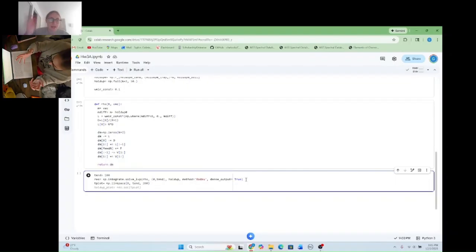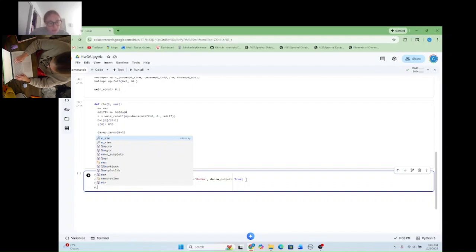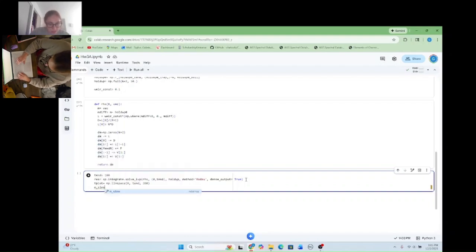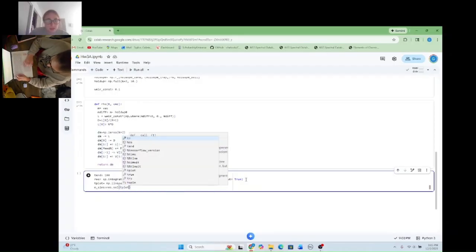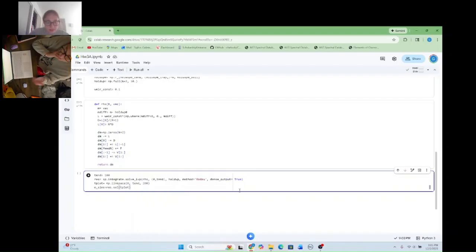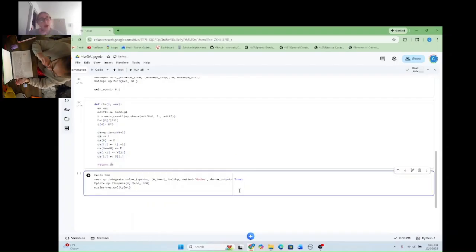Okay, and then after we have our t end, now we are going to be simulating our moles, just our moles for this molar holdup. So we want to do res.sol, and we're going to be solving it using our time plot. And then after we have our plots, we should be ready to make our figure.